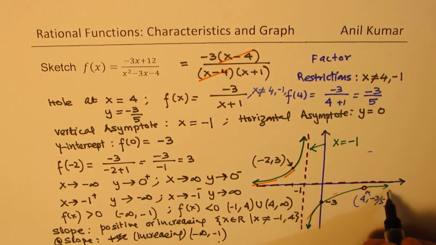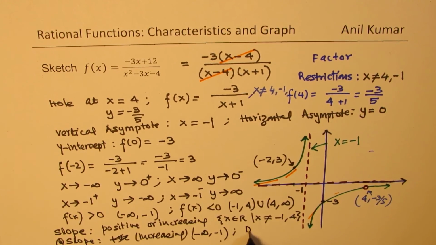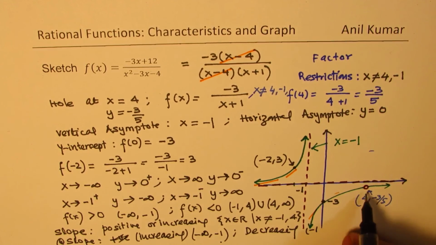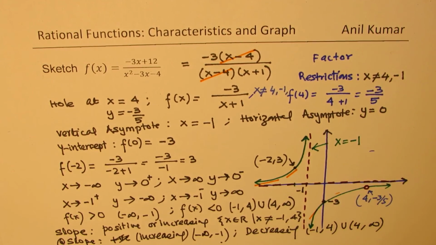This is concave down, right? So it is decreasing from minus 1 to 4, right? And then from 4 to infinity, since it is concave down. So using the property of concave up and concave down, you can easily comment on the rate of change of slope. Is that clear to you, right?